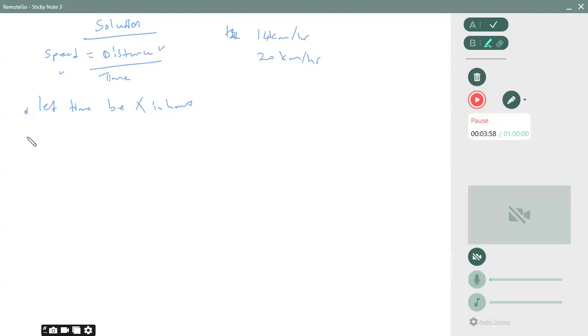Now, from the question, we need to know the difference of the speed taken. The difference, if you can recall, he traveled 14 instead of 20. What does it mean?